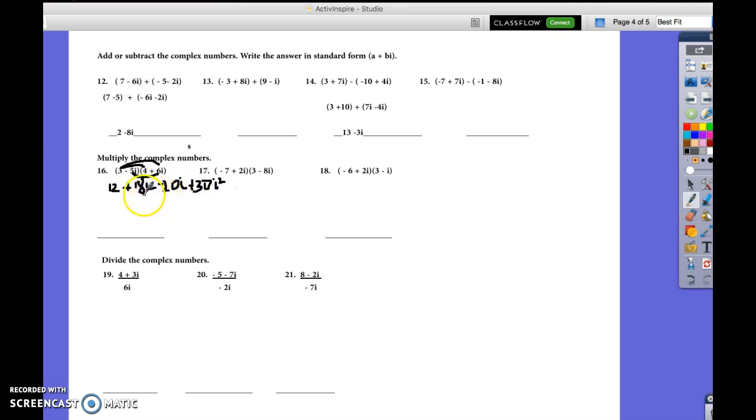Okay? So like terms together. 18i with 20i. One is negative, one is positive. It's going to be a negative 2i. Up front we have a 12. And here 30 times i squared. i squared is negative 1. So positive 30 times negative 1 is a negative 30.